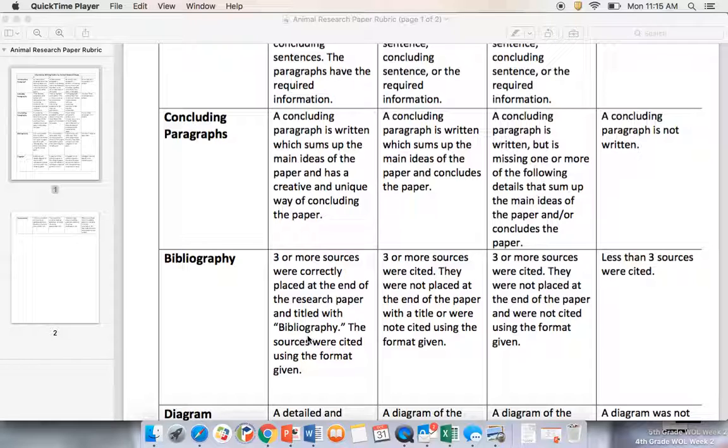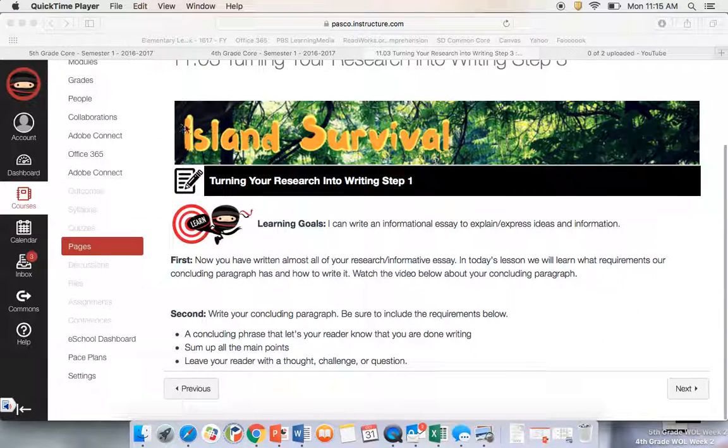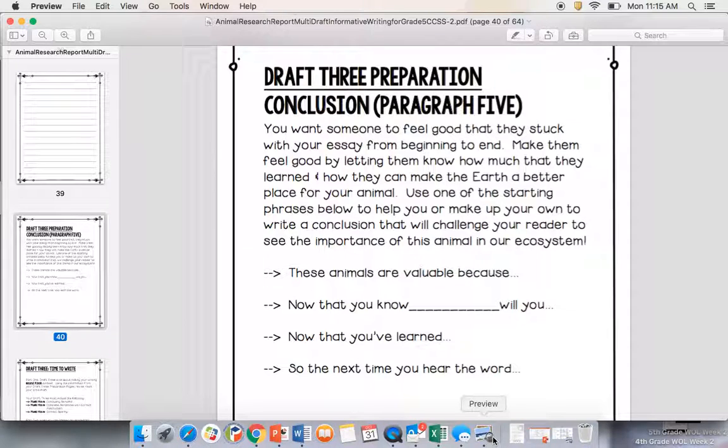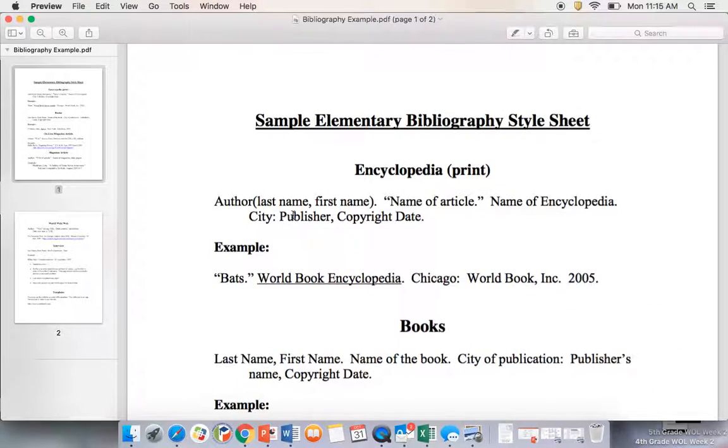You've created bibliographies in the past, and we're going to go over really quickly just about the formatting and what you can use to format them. So for your bibliography, let's talk about that really quick because I want to make sure that you have everything you need for it. This is your bibliography. Okay, this is the very last paper that's in your research writing.